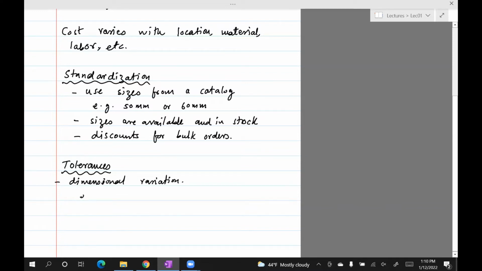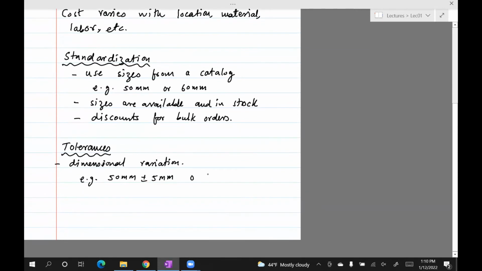An example would be, as I said, you want a shaft, it could be 50 plus or minus 5, or it could be maybe 50 plus or minus 10, which means that if you randomly choose a shaft in this lot, it would be somewhere between 40 and 60.